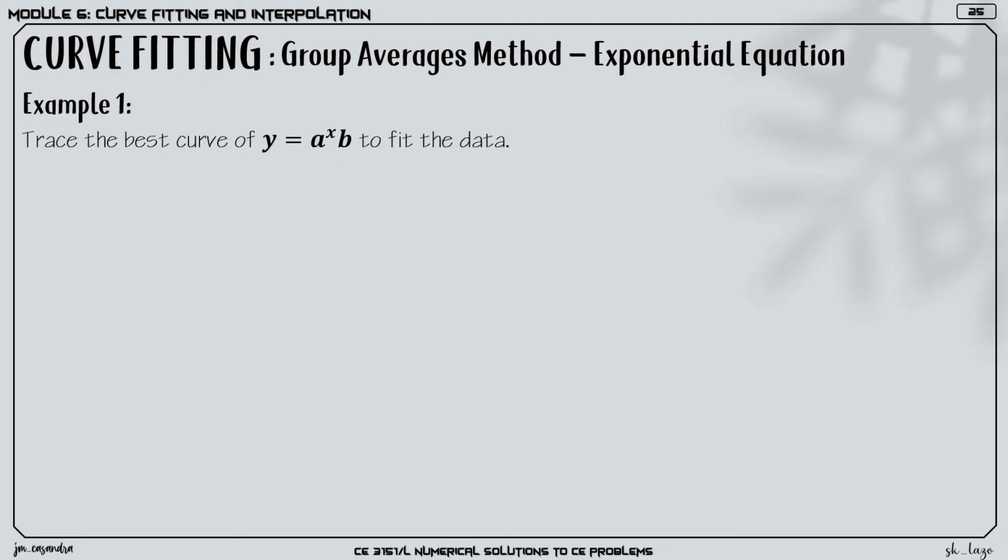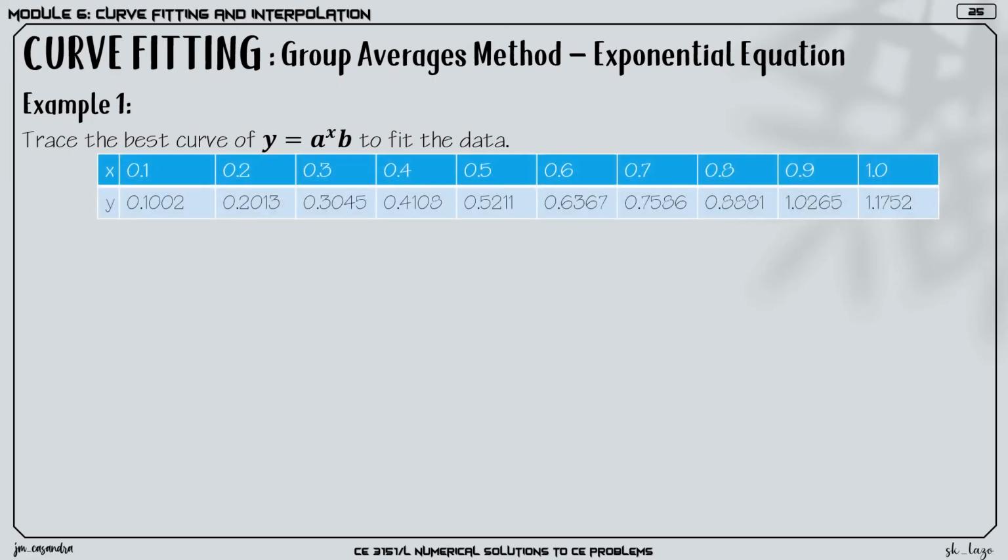So for example 1, using the group averages method, we determine the best curve that would fit the data of the equation y equals a raised to x times b. In here, we simplify y equals a^x times b using logarithm.